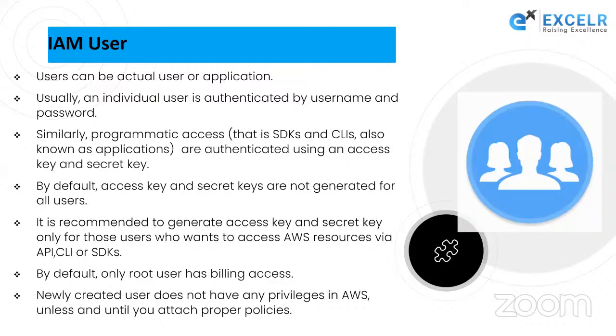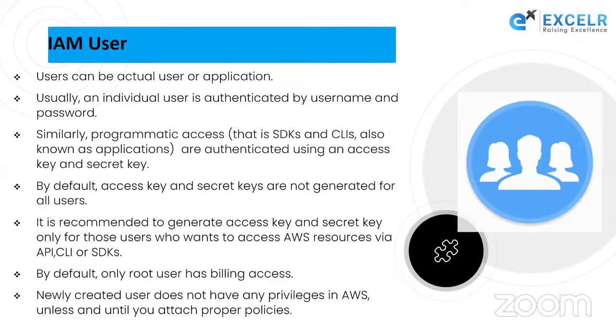When you want access to the CLI, you don't have to use the username and password which you have set up for your IAM user in the management console. You need to use an access key and a secret access key, which is created when you create a user. By default, any user who's created will not have any kind of programmatic access.